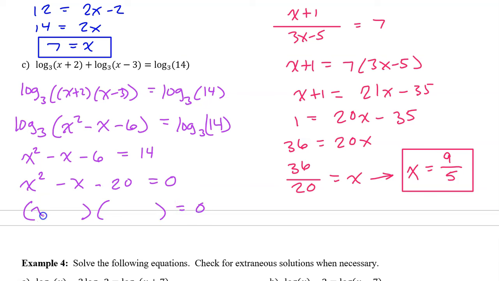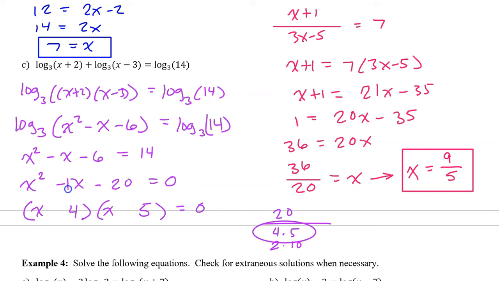X squared can only be factored as x times x. 20 can either be factored as 4 times 5, or 2 times 10, or 1 times 20, but I think it's going to be the 4 times 5 that we need. So let's do 4 times 5. Inner plus outer must equal middle.